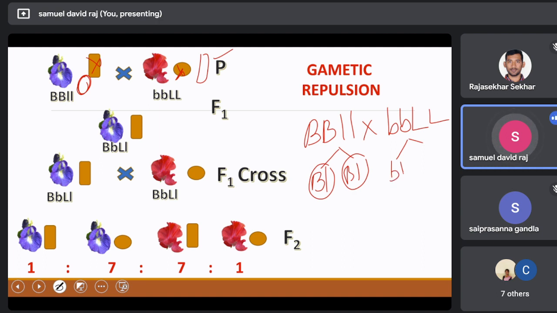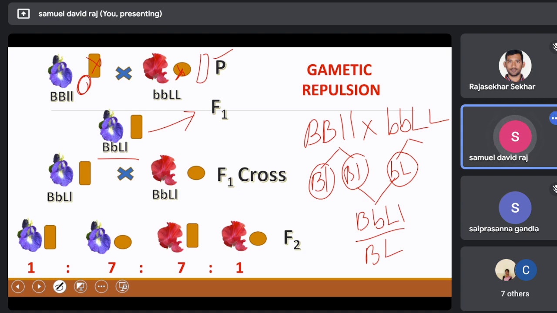This gives rise to capital B, capital L only. When these two are crossed, we get capital B, small b, capital L, small l, which are again blue and long. So in the F1 generation, they got the blue long ones.